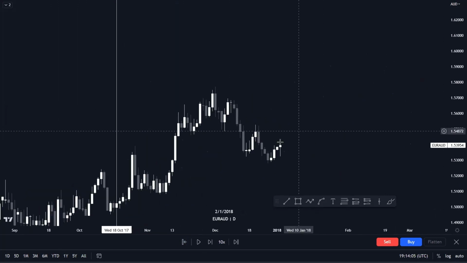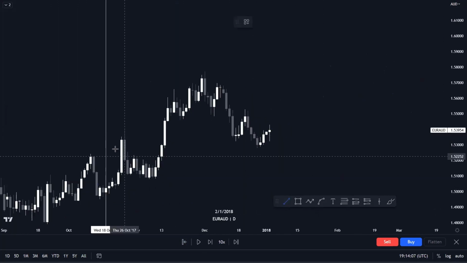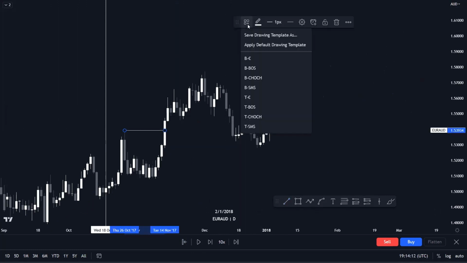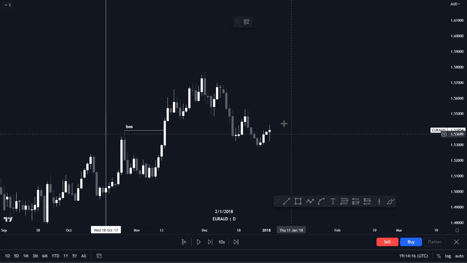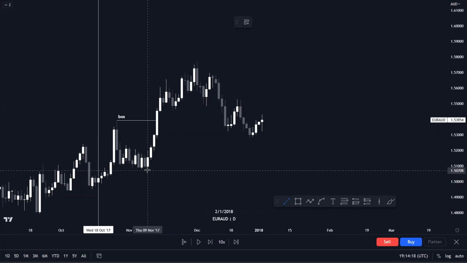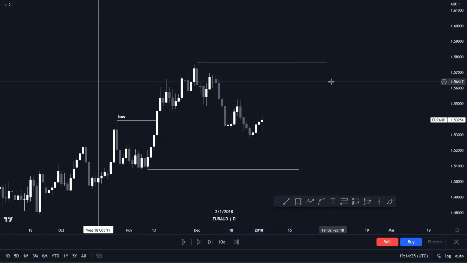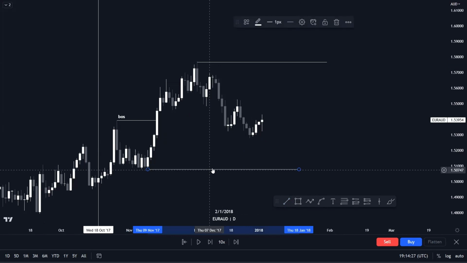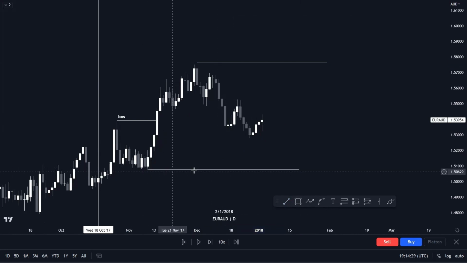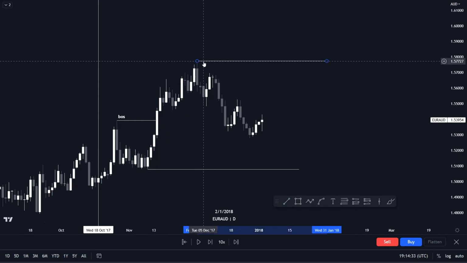Starting off here, you can see that we have our break of structure here, our top break of structure here, and we can see that price is currently ranging between this low and this high here. So this here will be our higher low, and this here will be our higher high.